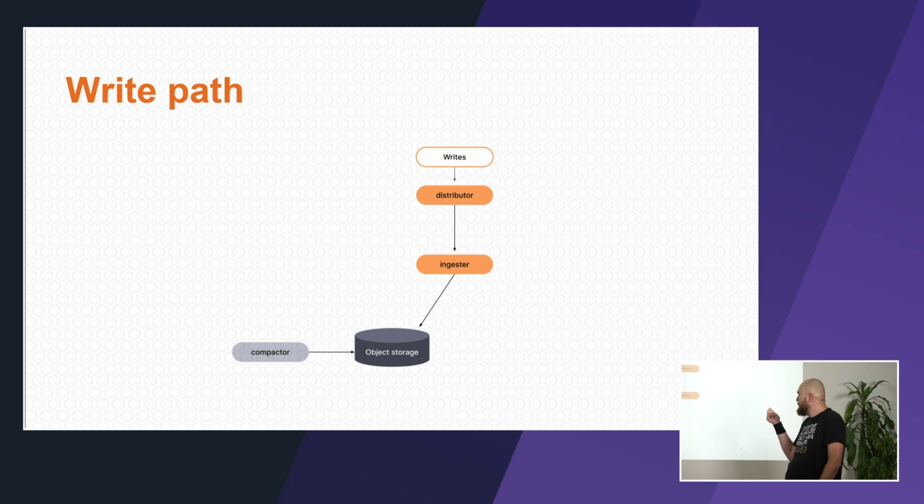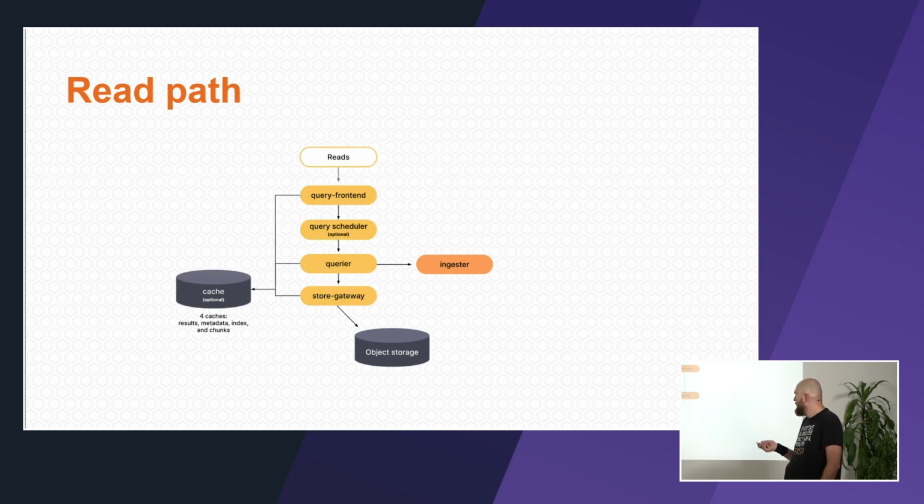Basically, it uses a distributor that distributes the data all over the place, an ingester that ingests the data, and then sends it to object storage. The read path is basically the same. Query frontend splits the queries, the querier processes them, and the store gateway accesses the object storage.